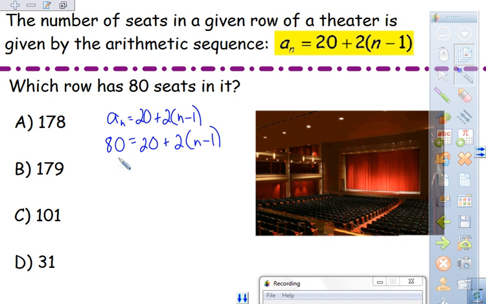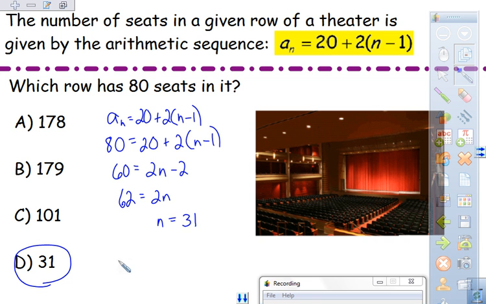So I'm going to subtract 20, and I'm going to distribute in the same step. Get our numbers together. And our last step would be to divide by 2. So the 31st row would have 80 seats in it.